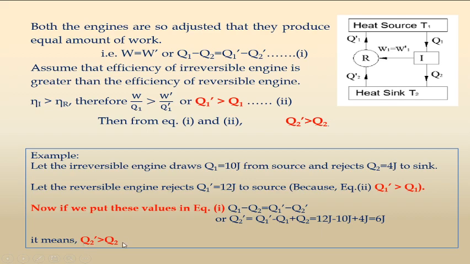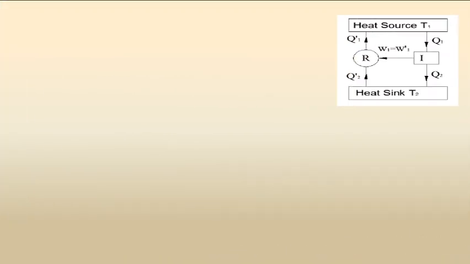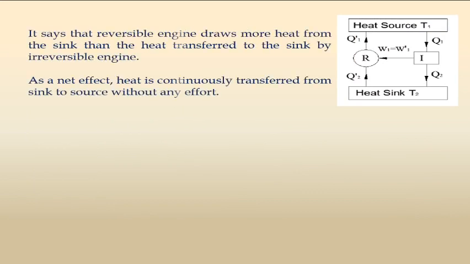So Q2 dash is greater than Q2. If that is the case, the reversible engine is drawing more heat from the sink than the heat transferred to the sink by the irreversible engine. I showed from the example, with the sample values we have chosen, that 2 joules of energy is drawn directly from there.